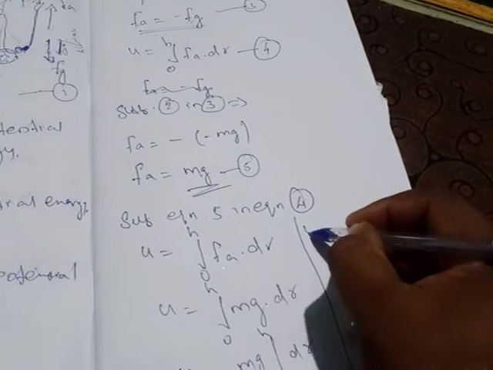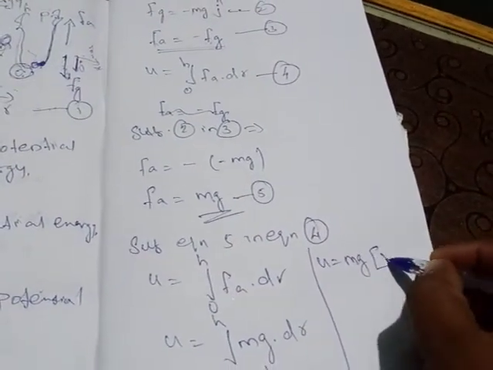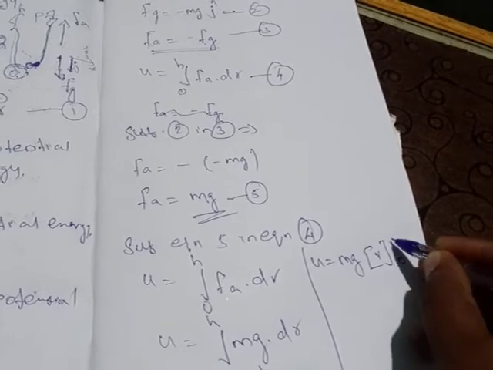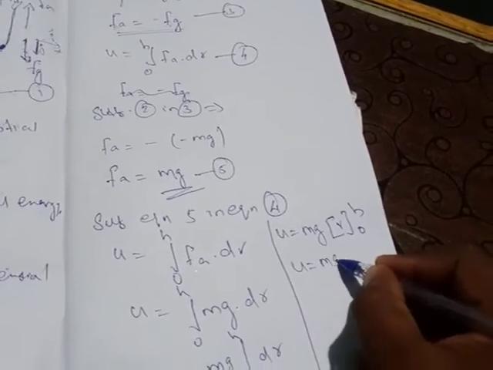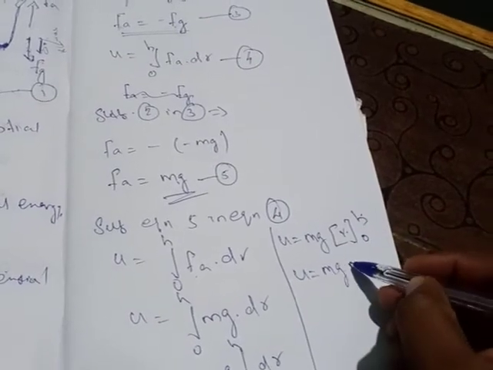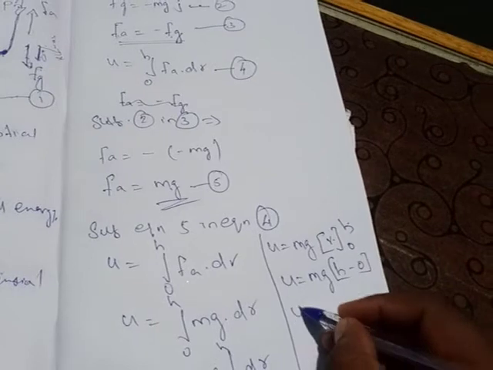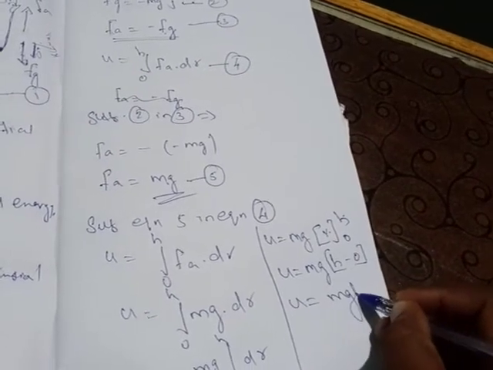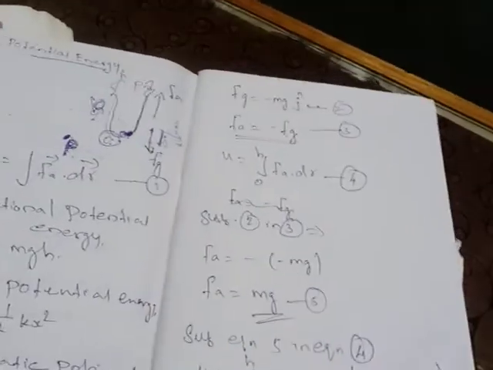The integration of dr is r, so you put the limit 0 to h. Now U is equal to mg, applying upper limit h minus lower limit 0, so U is equal to mgh. So we got the expression.